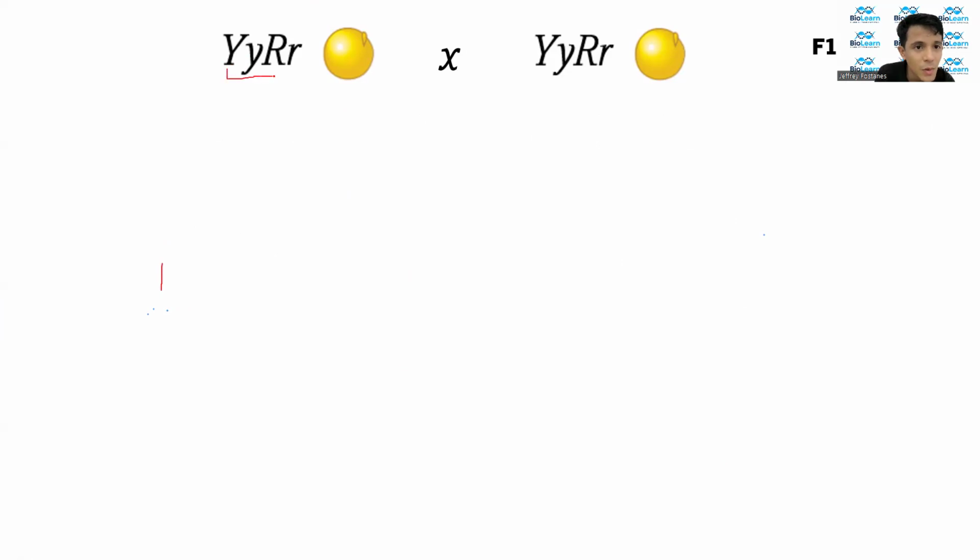So you have your capital Y, capital R, small y, small r, inner, small y, capital R, and first, here, the outer, capital Y and small r.